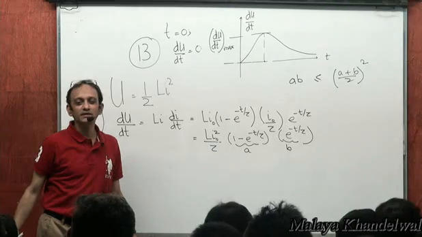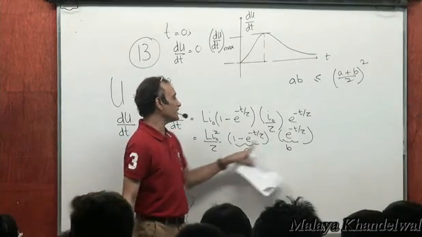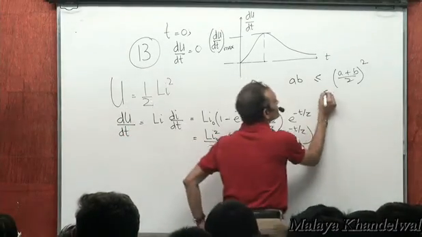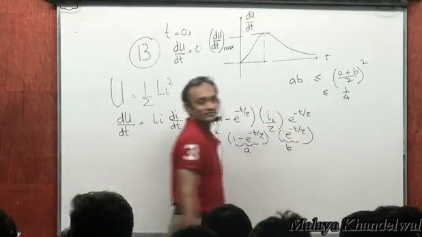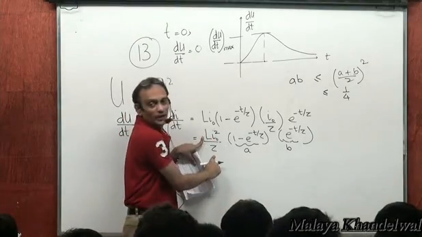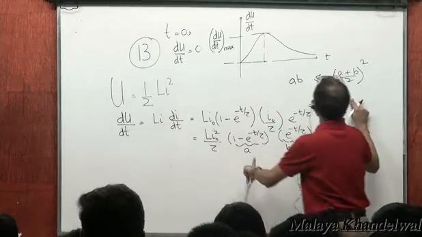Geometric mean less than arithmetic mean. Yes or no? What is A plus B by 2? A plus B by 2 is half. So this will always be less than or equal to 1/4. So what's the maximum dU/dt? 1/4 L I naught squared by tau is the maximum dU/dt. That happens when AB becomes 1/4.